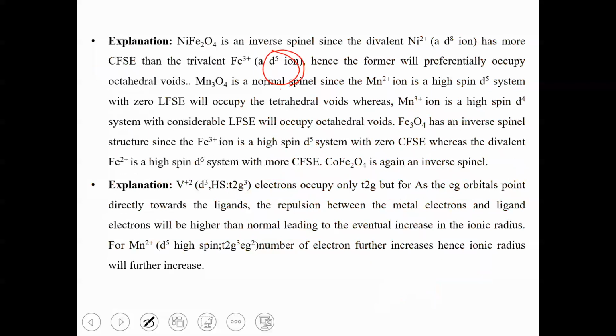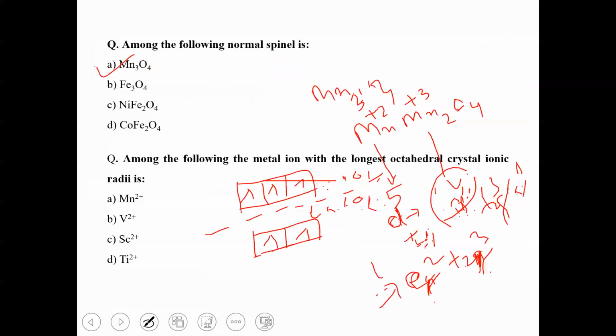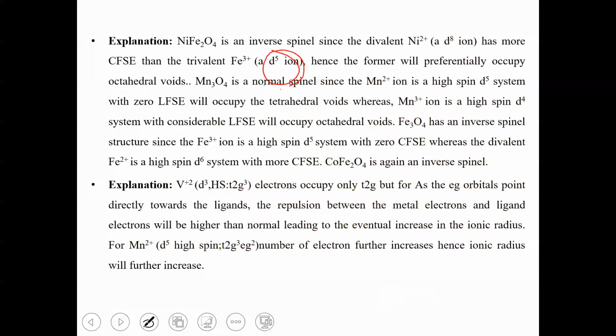For Mn+2, that is d5 high spin, you have to consider high spin in this case. So the number of electrons further increases, hence the ionic radius will increase further.